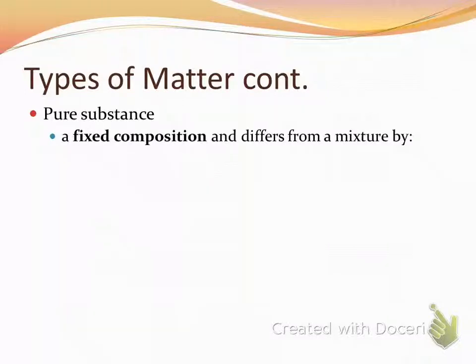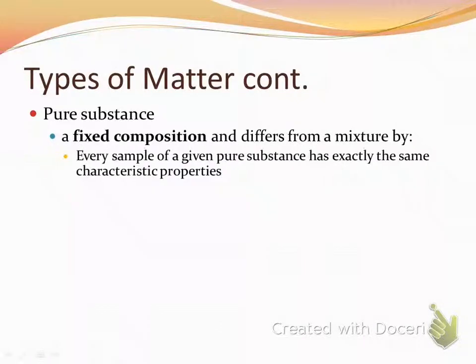A pure substance is different than a mixture. A pure substance has a fixed composition. It has a fixed composition, and it's different from a mixture. A pure substance has a very exact composition.